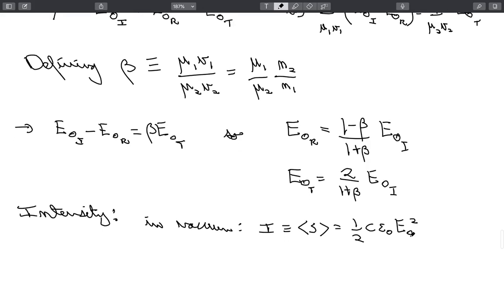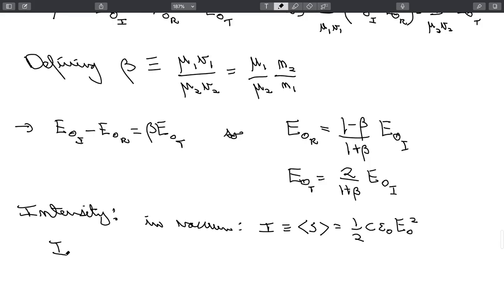In a medium, the intensity is just 1/2, but now I need to replace c by the velocity of light in that medium, with the permittivity of that medium and the amplitude, like this.